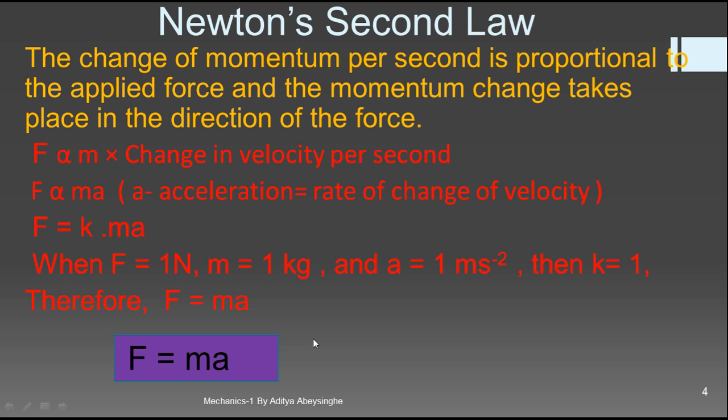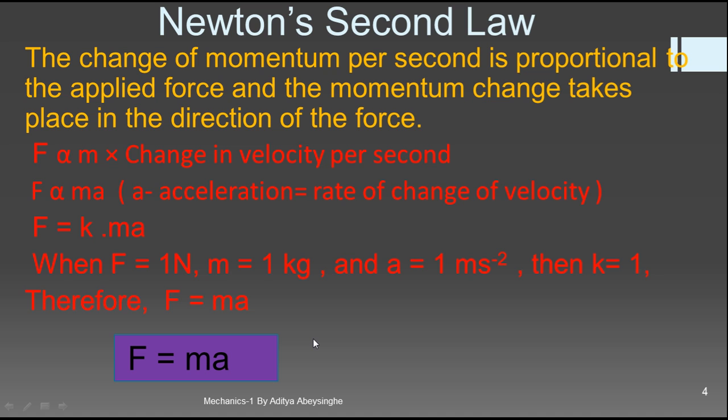Momentum is equal to mass times velocity, so momentum per second is mass times velocity divided by seconds. So F is directly proportional to m delta v over t.